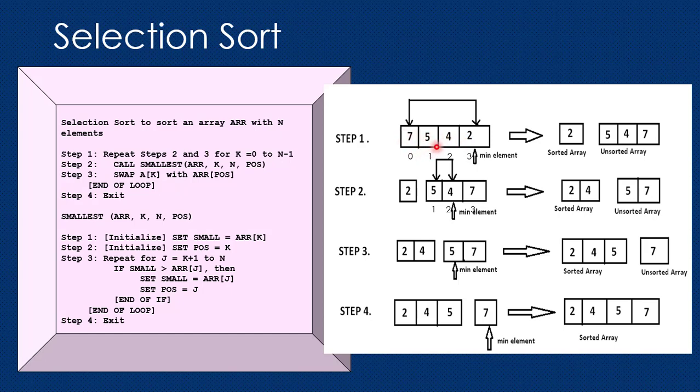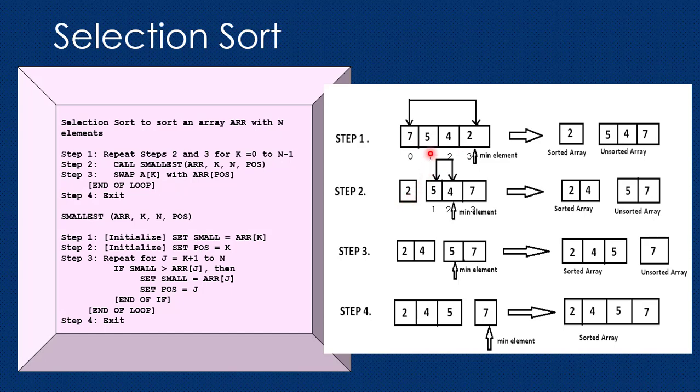Here in the entire array the smallest element is 2. So we have to select this 2 and keep it in the leftmost position, in the lowest index possible. So 2 is kept in the lowest index.